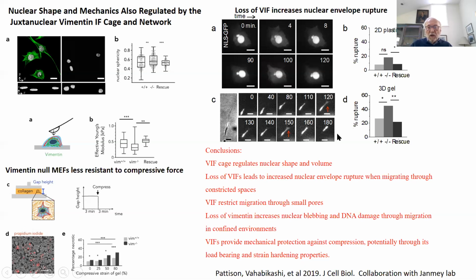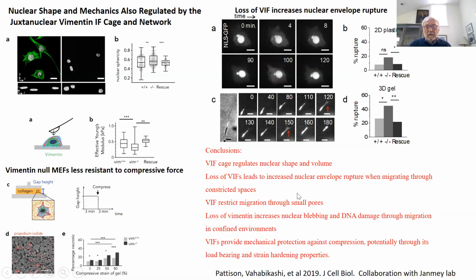And we can also show that in 3-dimensional cultures, the situation is the same. Rupturing is determined by the loss of GFP NLS tag, which accumulates in the nucleus. When the nucleus breaks or ruptures, this spills or leaks into the cytoplasm.